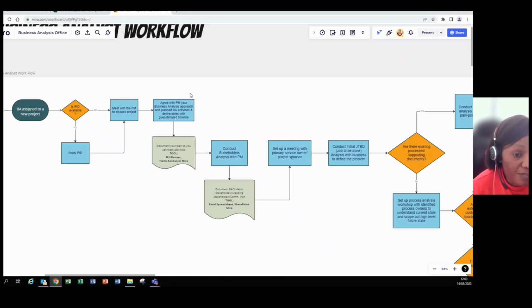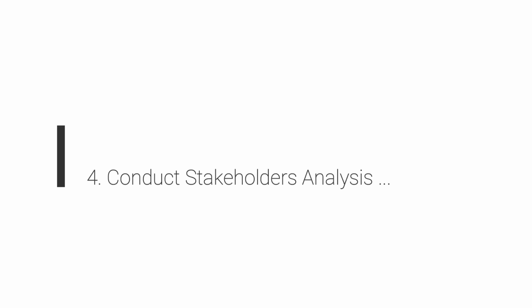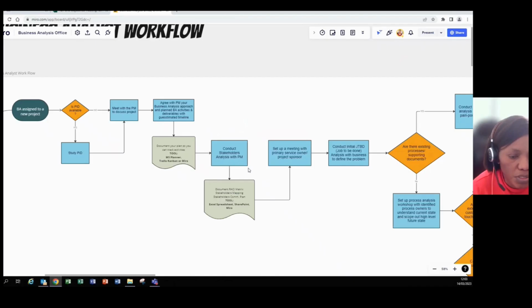Now, after you've conducted your plan and agreed with the PM what your approach will be and the guesstimation of the timeline, then the first activity on your plan is stakeholders analysis. So schedule a time with your PM.